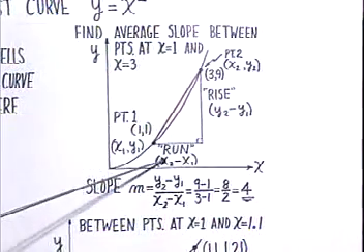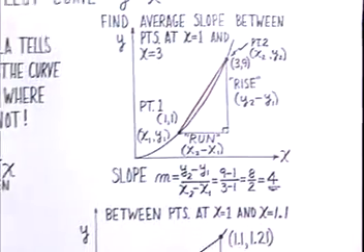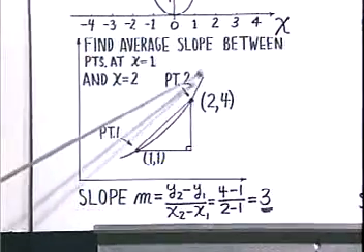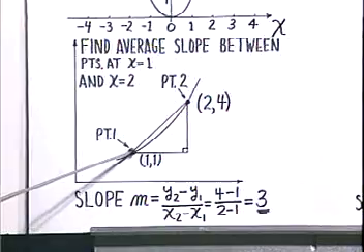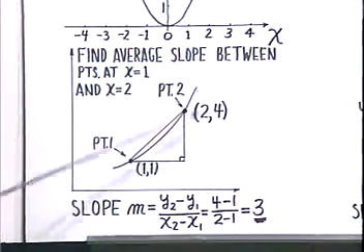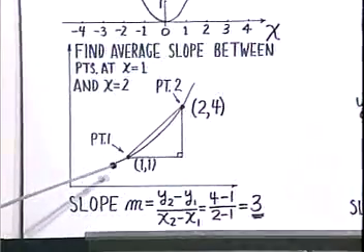Now here we go. Let's take a look at points between x equal 1 and x equal 2. We're going to find the average slope at these 2 points. I'm going to eliminate as much clutter as I can so you can get the point that I'm trying to make here.